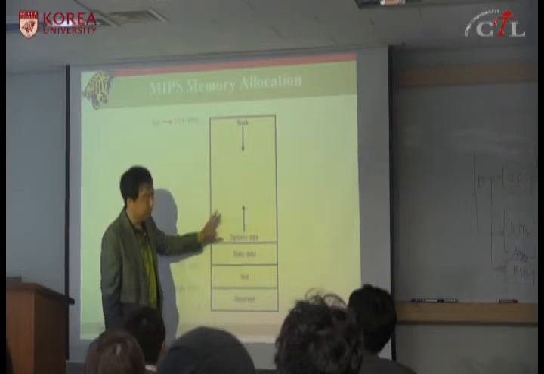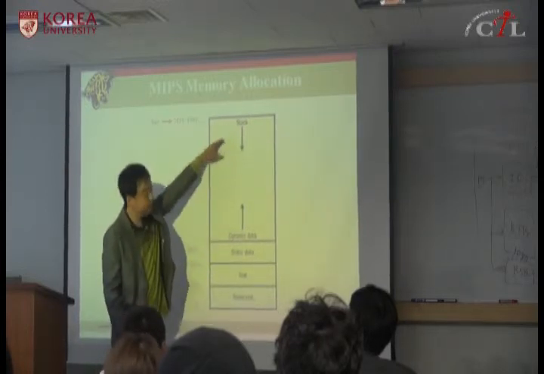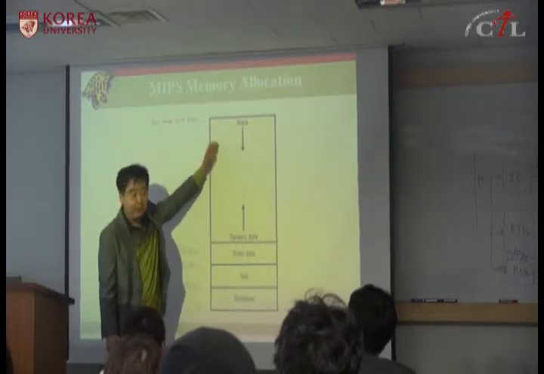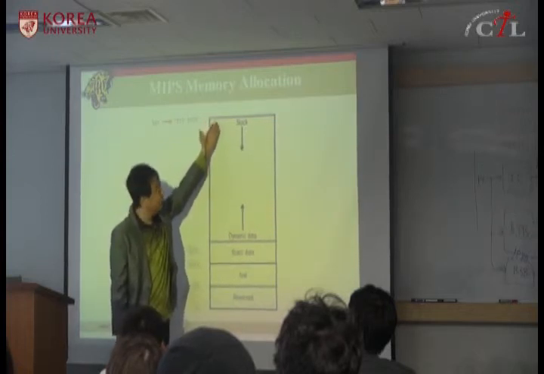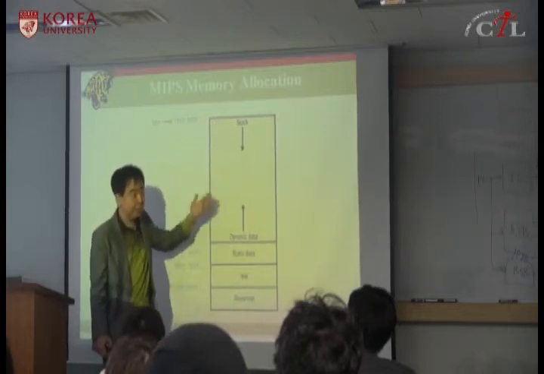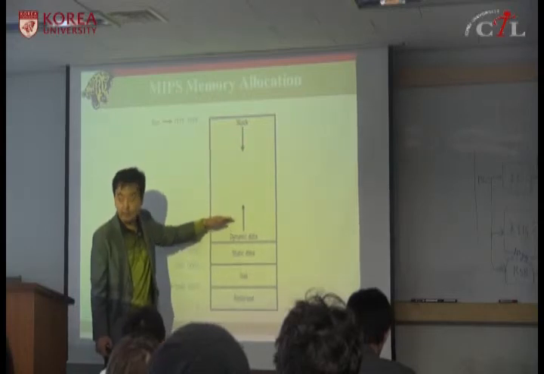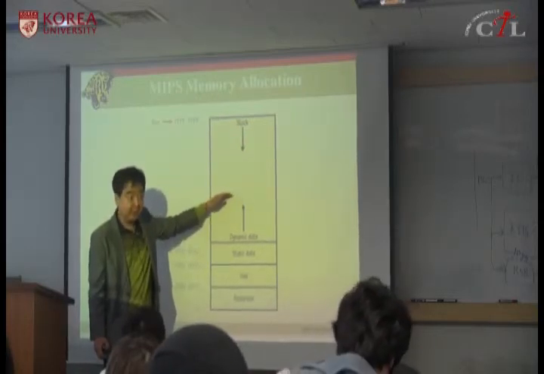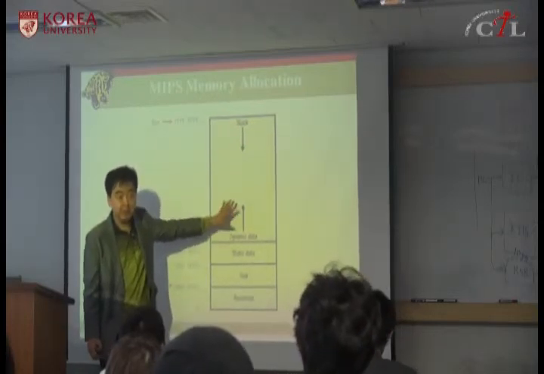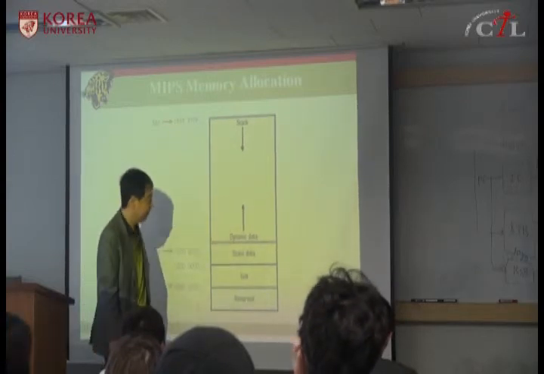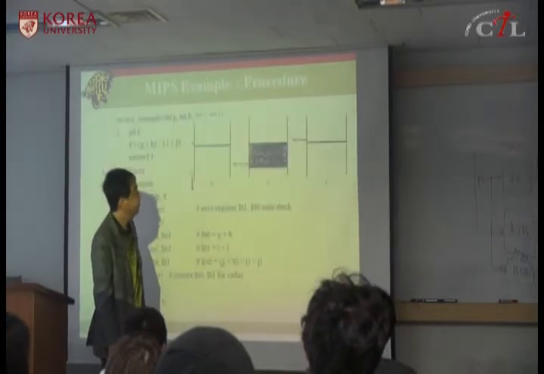And at the same time, once you execute, these are built at runtime dynamically. Whenever you call a function, you allocate a stack frame. Whenever you call malloc, you allocate as much data as you want. And you can deallocate using free. Right? These are called heap. Okay?